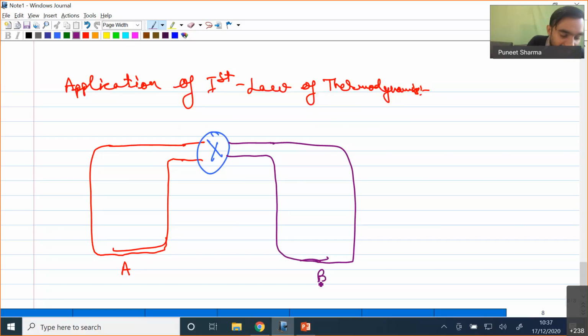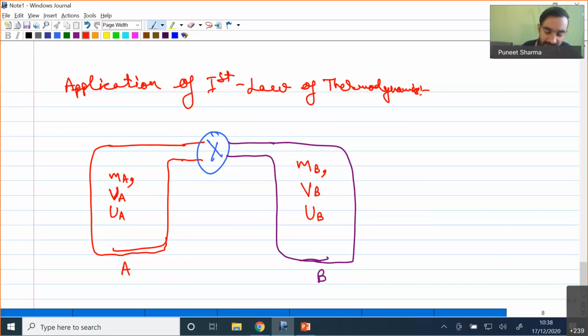Now let me say that Ma is the mass of the first container, Va is its volume, and Ua is the internal energy of this container. Mb is the mass of the second container, Vb is its volume, and Ub is the internal energy.